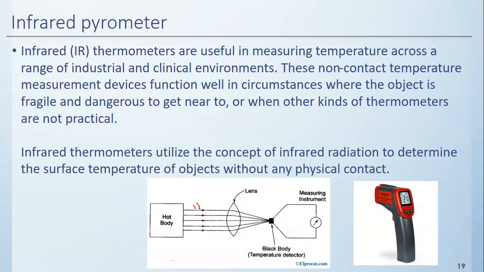These are IR rays emitted by the hot body. We will collect them using a lens, and we will be focusing all the rays onto a black body which is kept at the far end of your instrument.